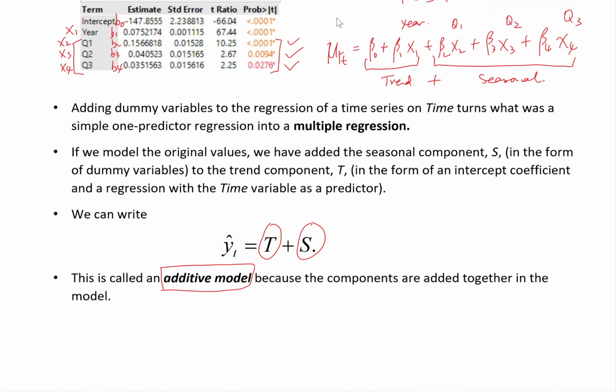Why? Because when you make the transformation, you are fitting these variables with the natural log of yt.